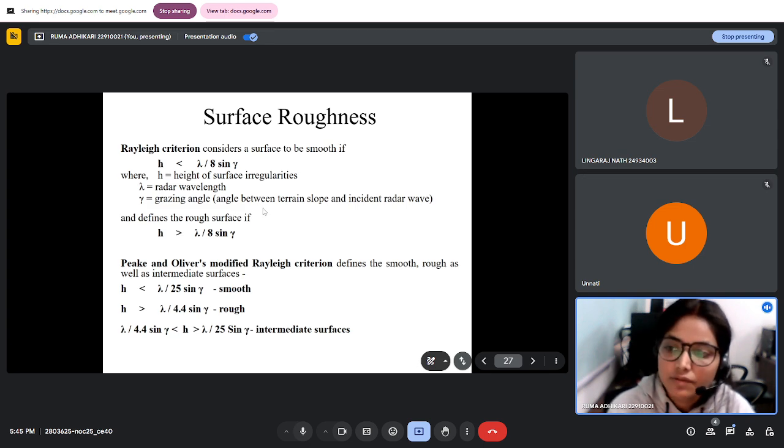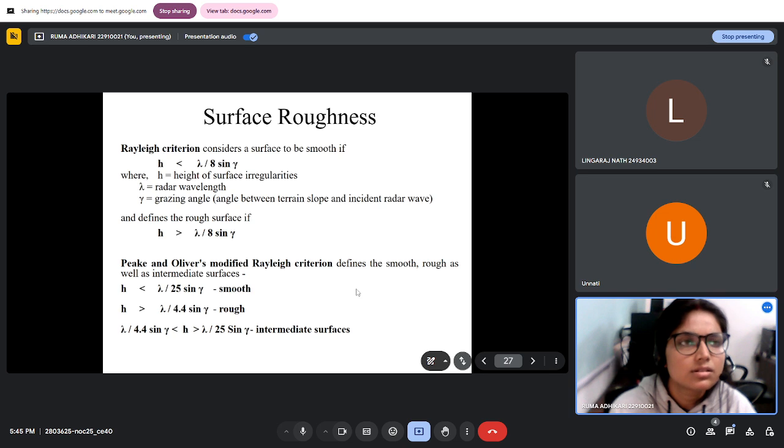And when our target is rough, we consider it a rough surface, a rough target, when h, the height of our target, is greater than this. So the Rayleigh criterion defines the smooth, rough, as well as intermediate surfaces. When h lies between this part and this part, it is called an intermediate surface.